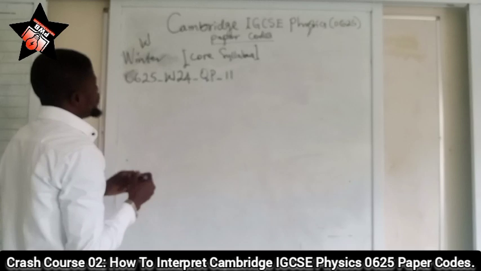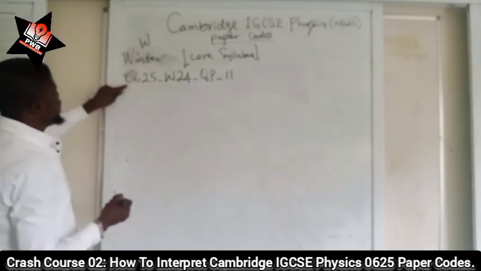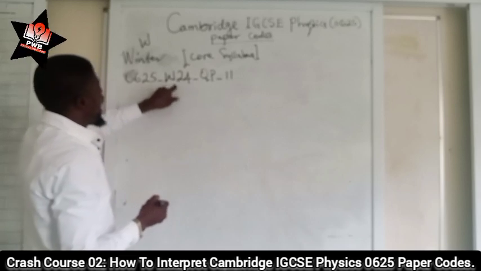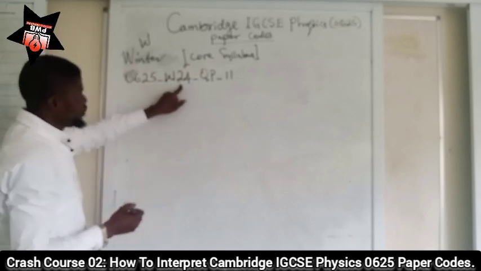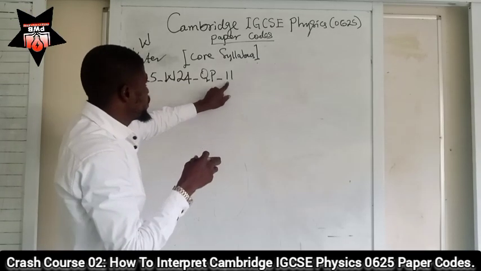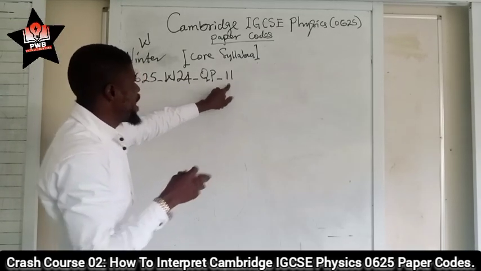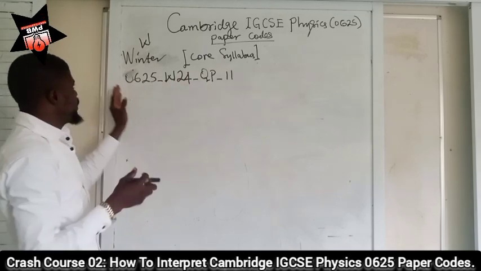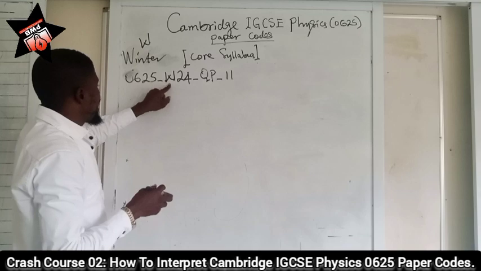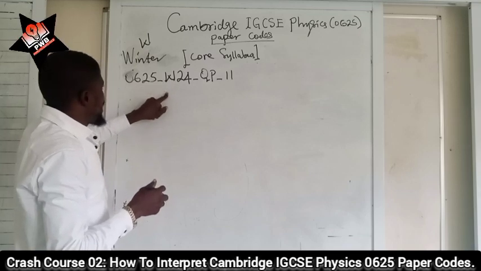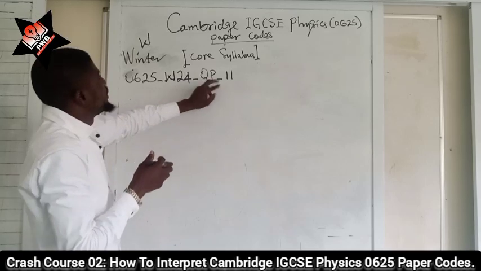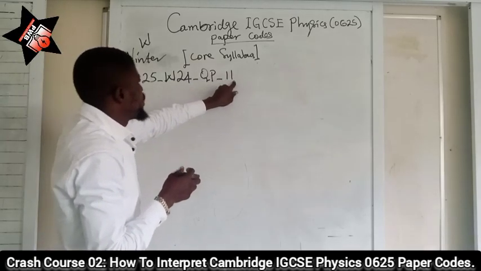Slash 11. What's the meaning of this? This is the paper code: the subject or the course code, the season and year code, the paper type code, the syllabus paper type and variant code. So this reads Physics IGCSE 0625 winter, October/November 2024 question paper 1 variant 1.